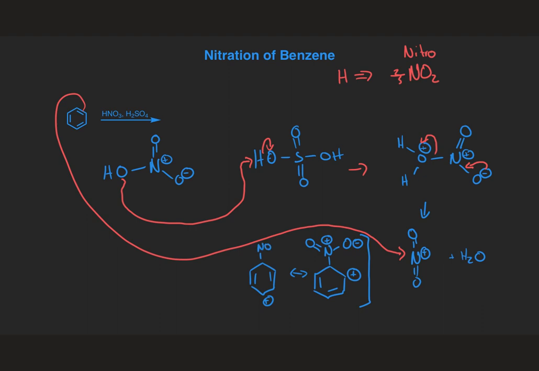I'm going to abbreviate my nitro group. It's just NO2 now. And then a base, in this case it's probably water, is going to come in and pick up this proton, which kicks down to generate nitrobenzene as the final product.